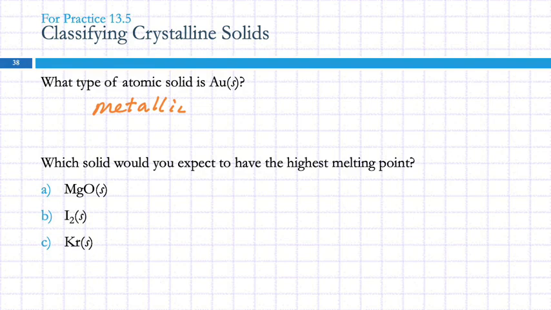If we were naming it, what kind of a compound is it? Ionic, right? Because we look at the first element. The first element is magnesium. It's over there. Magnesium's a metal. This is metal, non-metal. This is ionic. So I'm just going to write that down. That's an ionic solid.